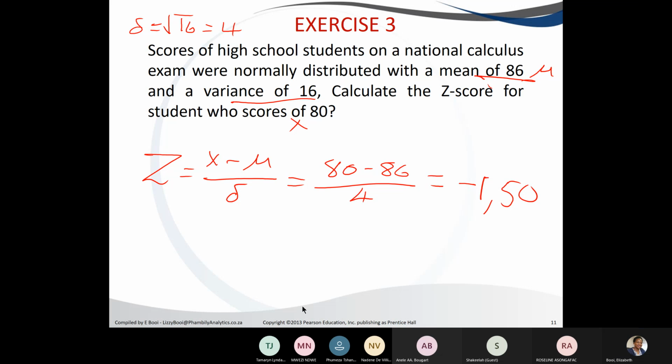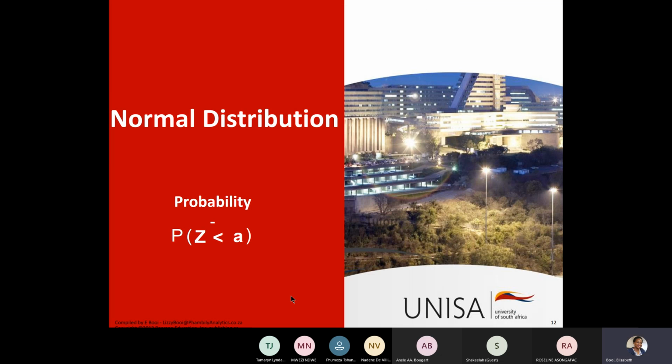Okay, we move on. Let's now learn how to calculate the probabilities. Like when I started, I introduced and I said we're going to standardize the values. We're going to look at how we calculate the probabilities, but also when we calculate the probabilities, we need to know how to calculate the probability when it is less than, when it's more than or greater than, and when it is between.